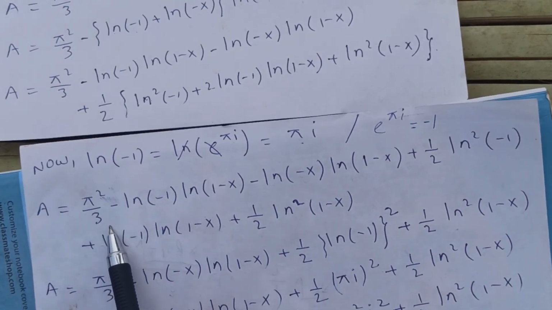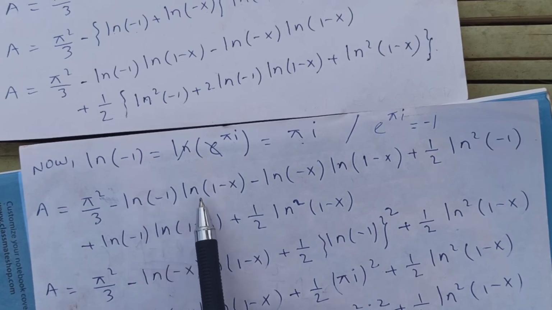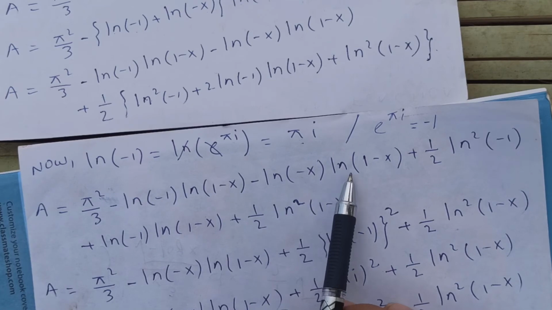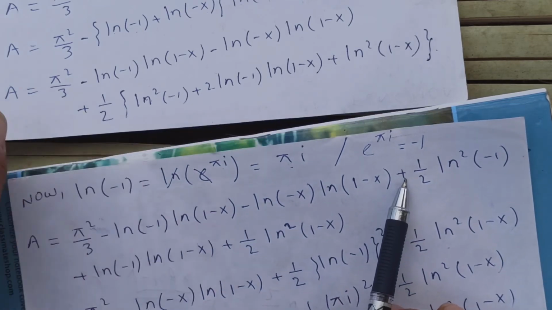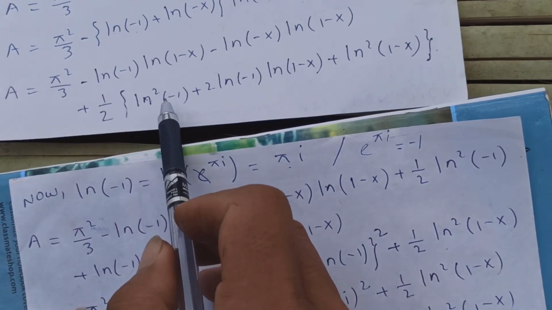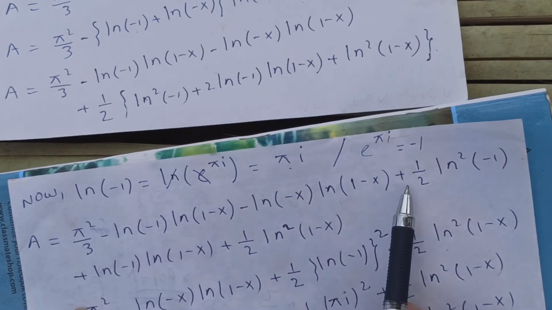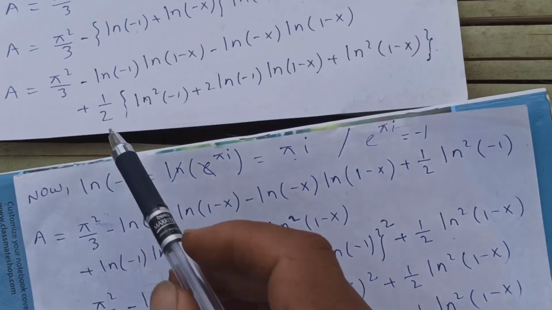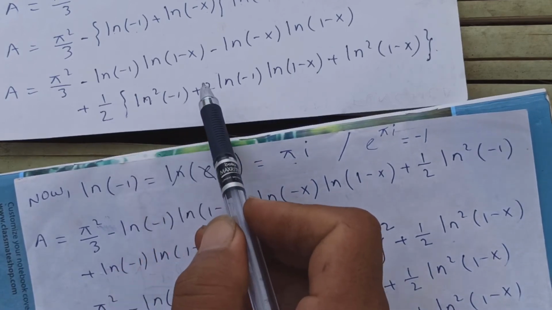Now here we have to simplify. A is π²/3 − ln(−1)·ln(1−x) − ln(−x)·ln(1−x) + ½ ln²(−1) + ln(−1)·ln(1−x) + ½ ln²(1−x), multiplying this one out term by term, where the half and 2 get cancelled out.